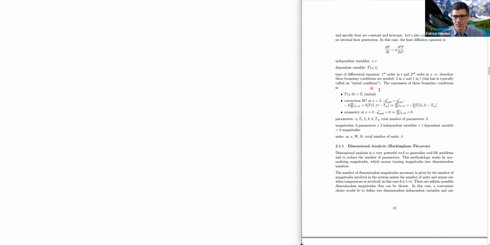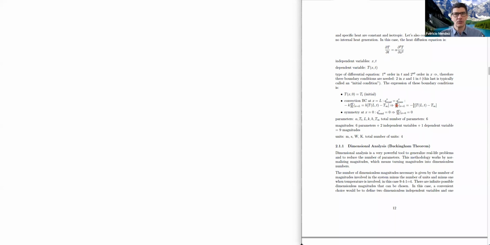For this reason, we know that this equation is second order in X, first order in time. We already discussed that we need then two boundary conditions in X, one initial condition in time. We wrote them down here.